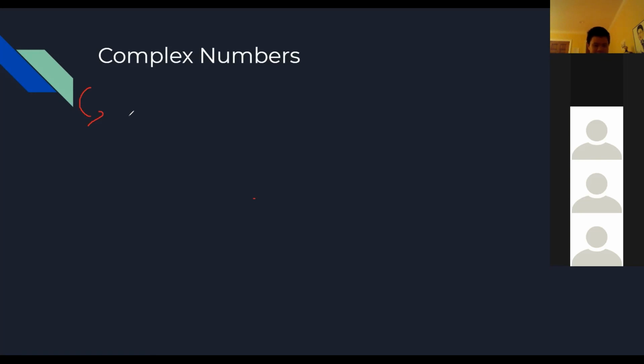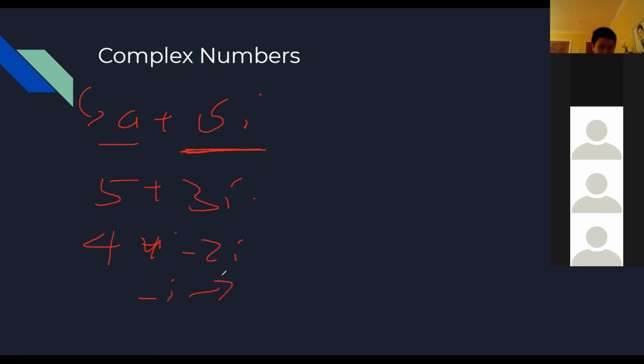And what is a complex number? A complex number is this: a real part plus an imaginary part, where a and b are real. So 5 plus 3i is complex. 4 minus 2i is complex. Negative i by technicality is also complex, but 5 is just real. So b is non-zero here, and a and b are real.